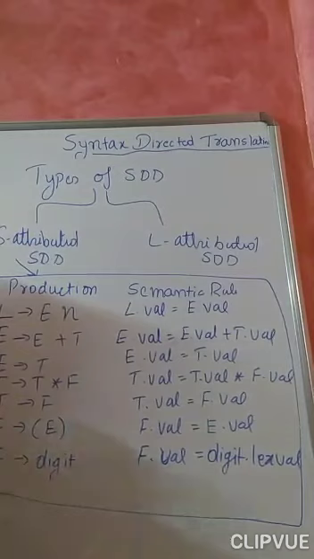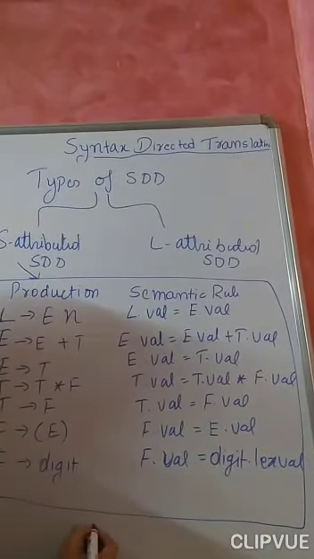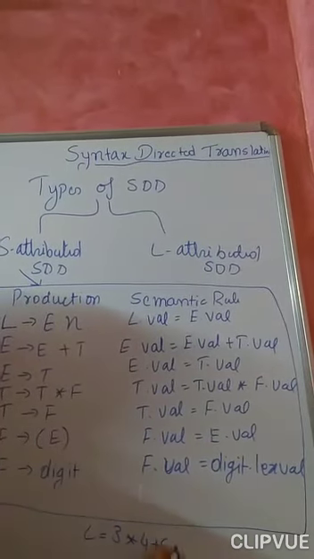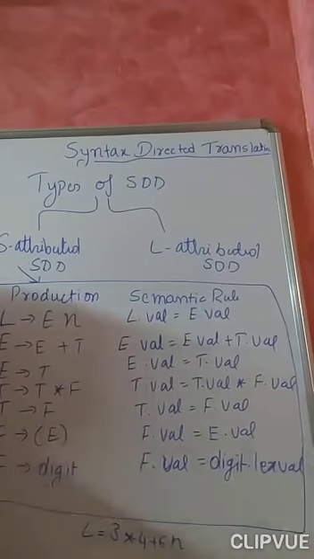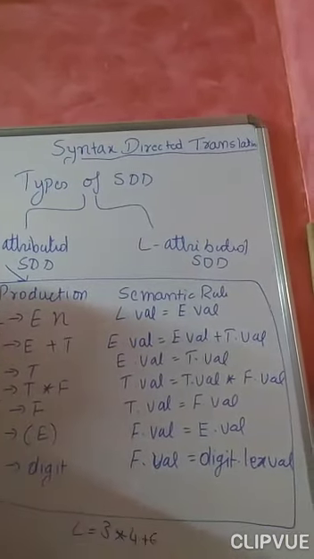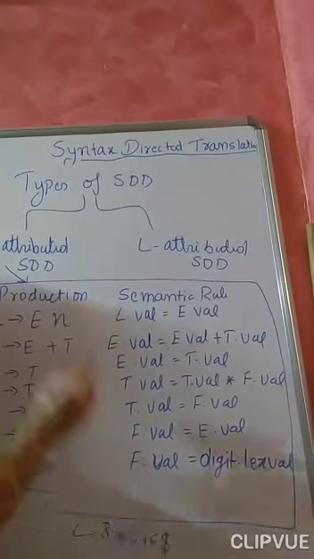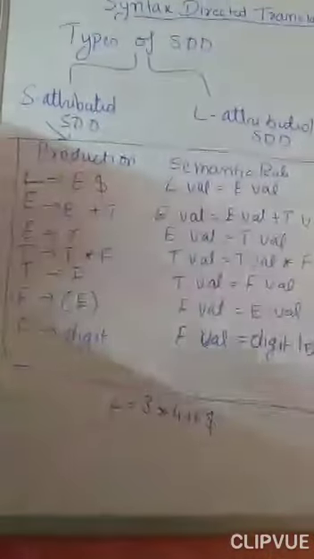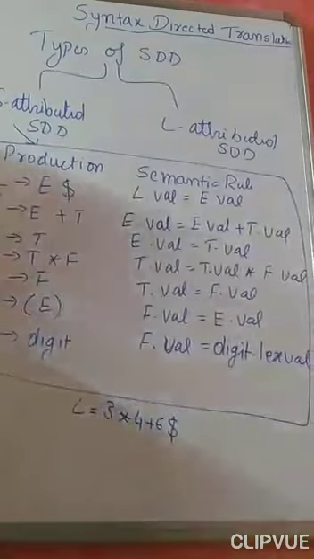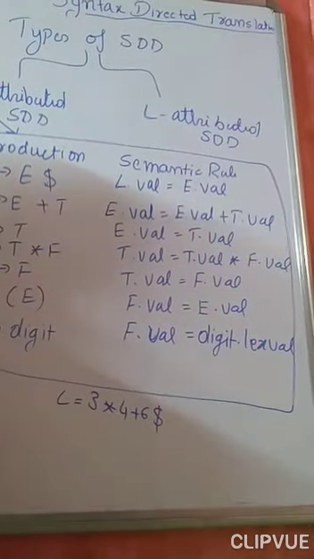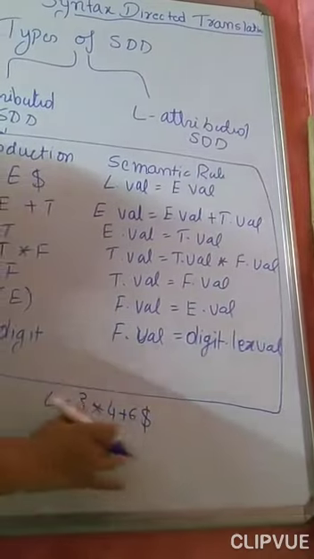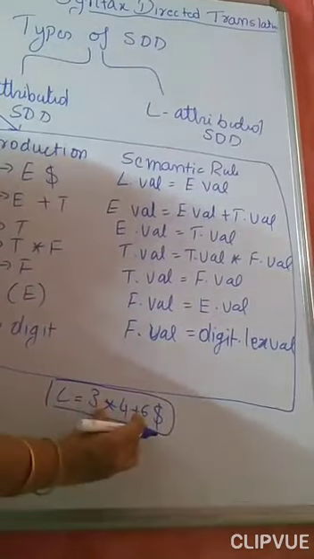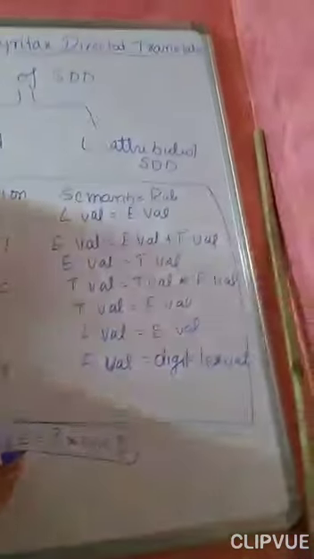This is an example of an expression like L = 3 * 4 + 6, something like this, which ends with the end marker N. If you don't want to keep the end marker as N, you can replace it with a dollar, which is the end of your expression. And this is your given expression. Whatever I am evaluating will be assigned to the variable N.